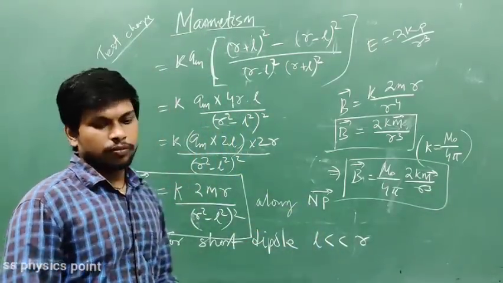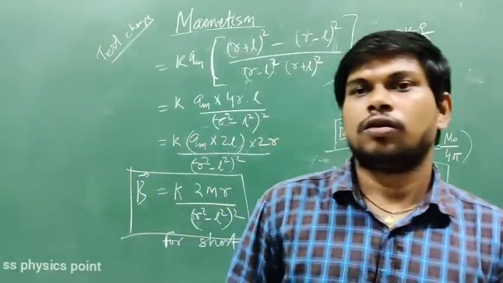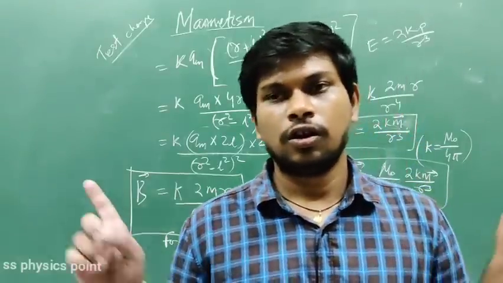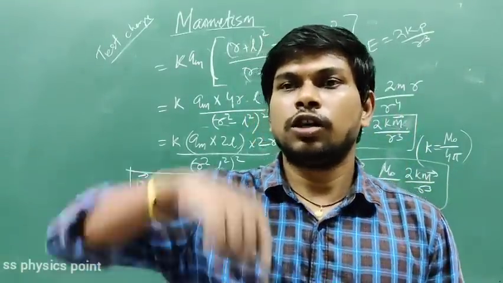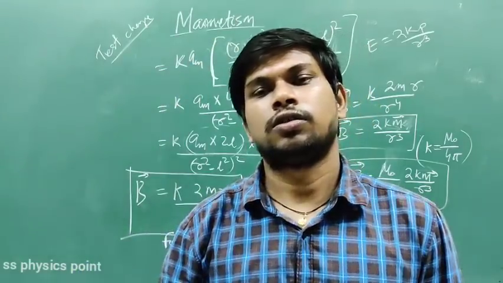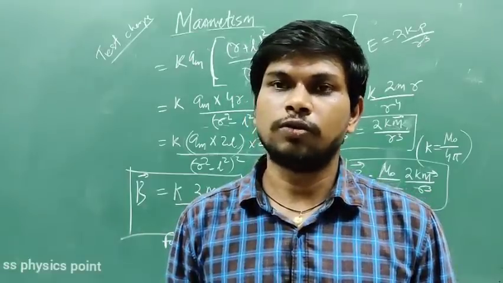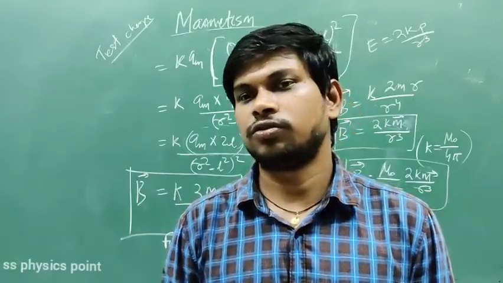This is all about the magnetic field due to a dipole on the axial line. In the next class we will learn about the magnetic field on the equatorial line. Just look at that, it is there in your electrostatics, and those who can solve this one can solve it and send it to me also.